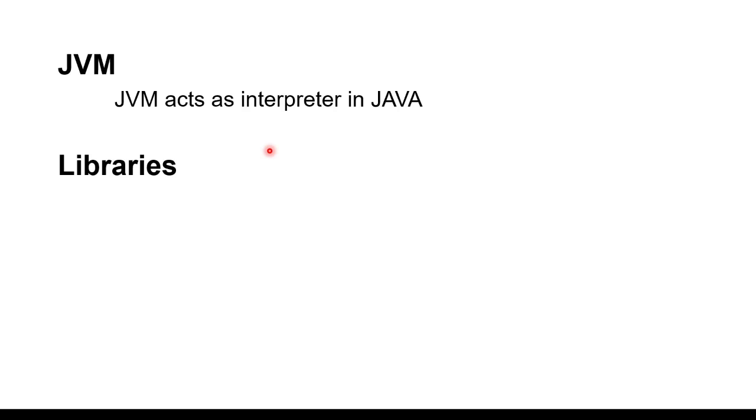For example, addition, subtraction, multiplication. These are common functionalities which most programmers will use, and they are already available in Java, provided as libraries for us.